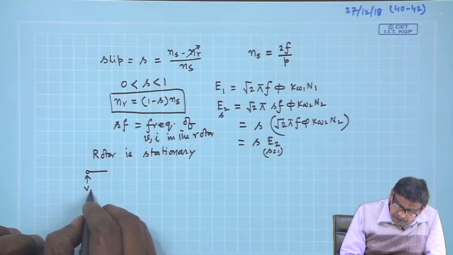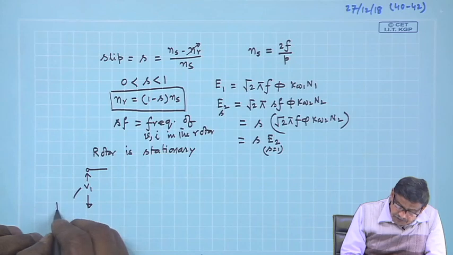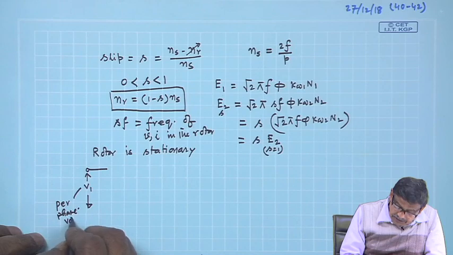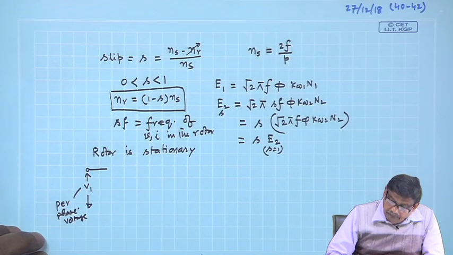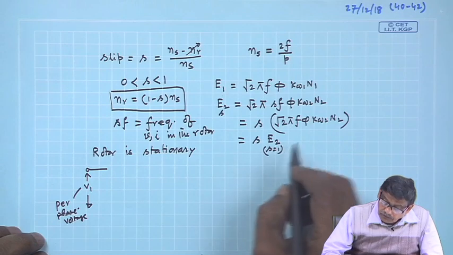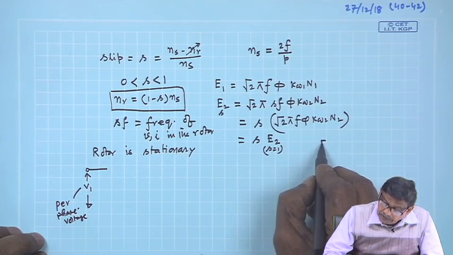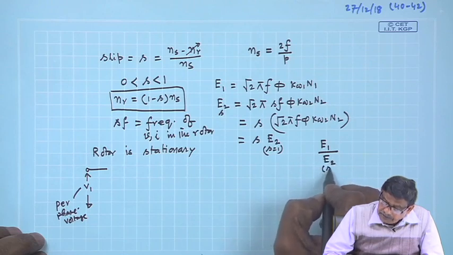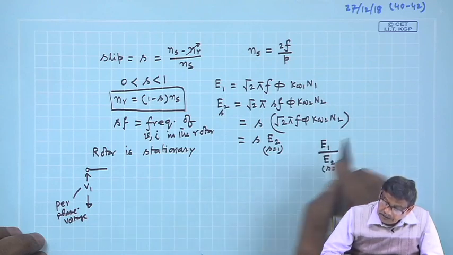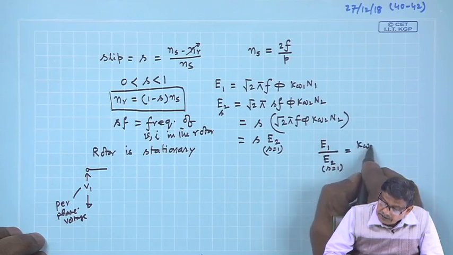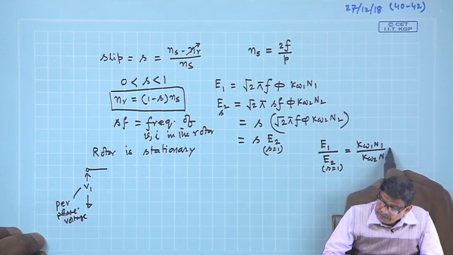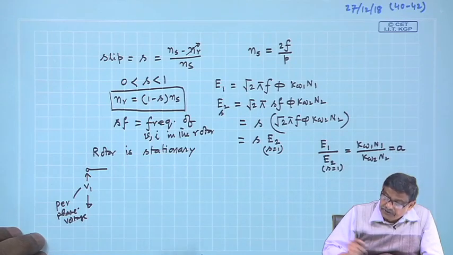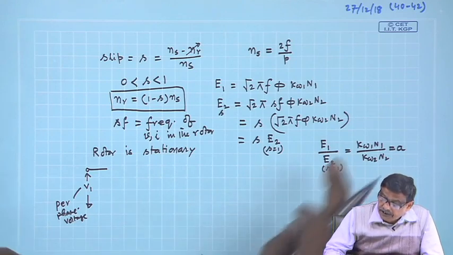Suppose V1 is the per phase applied voltage, and also note that E1 by E2 at s equal to 1 is nothing but kw1 N1 by kw2 N2, and this can be termed as the turns ratio between stator and rotor, the effective turns ratio.